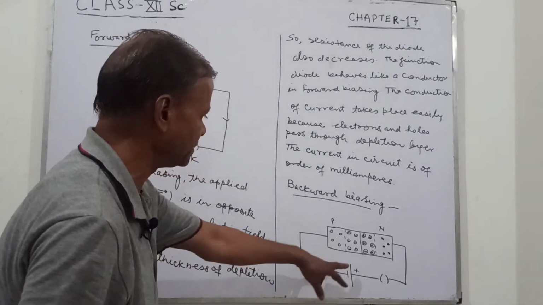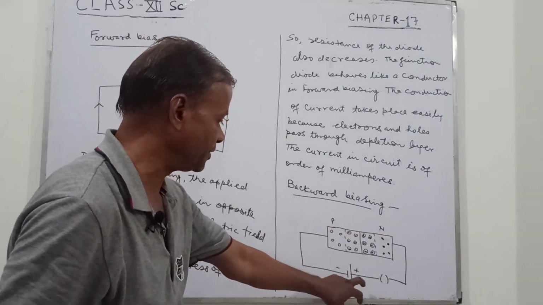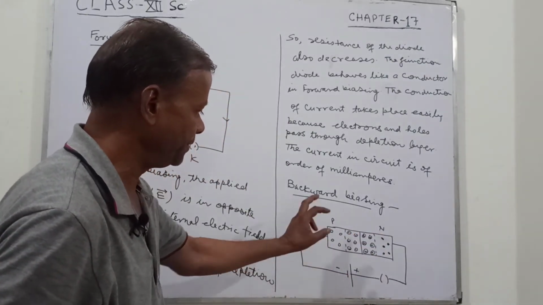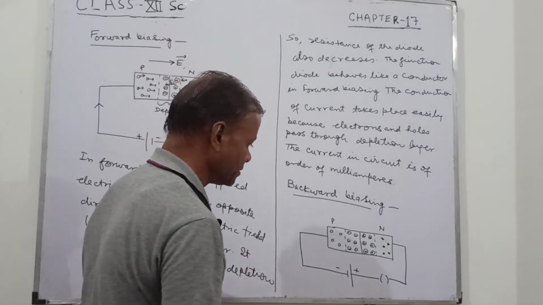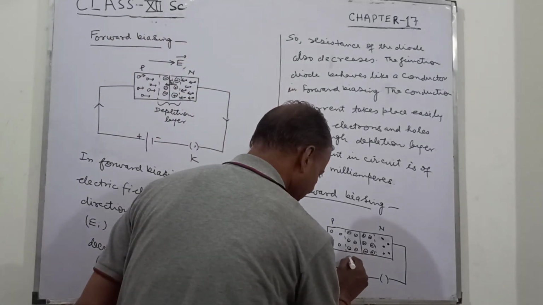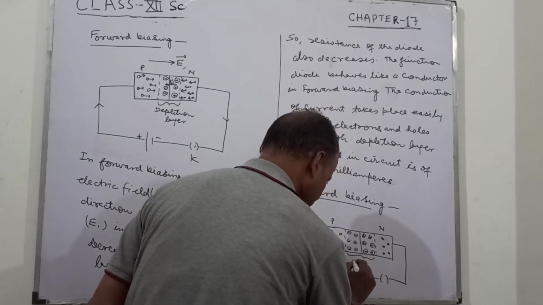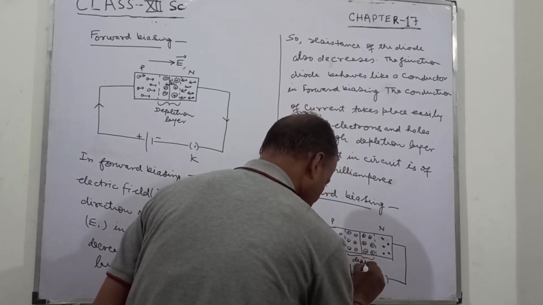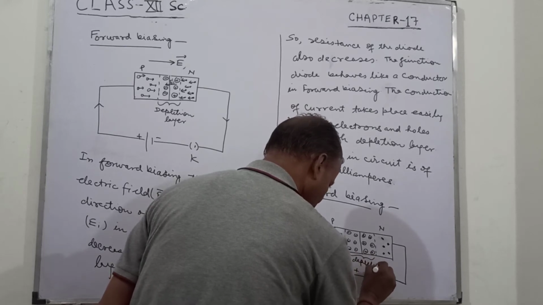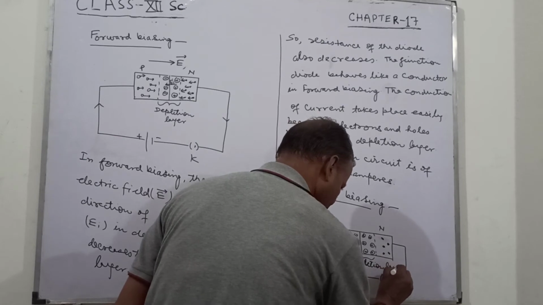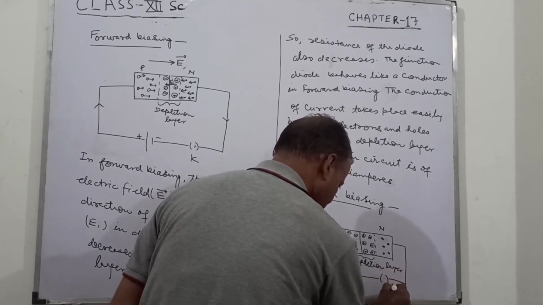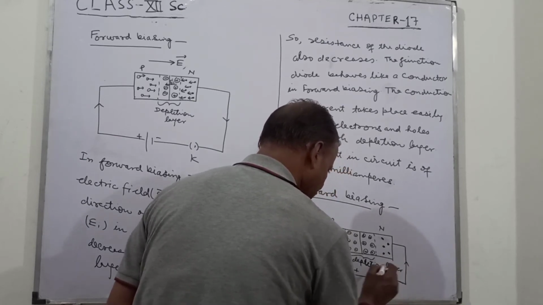So you can see that this N is at a higher potential than the P. This is the depletion layer. The current will be like this.